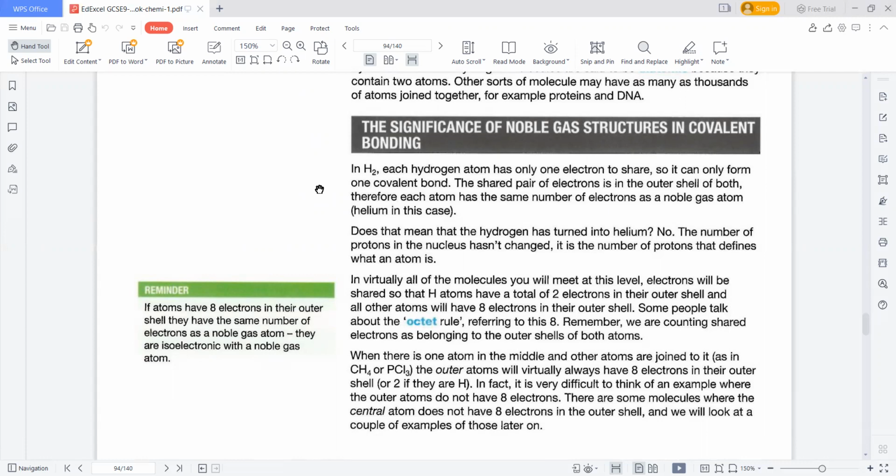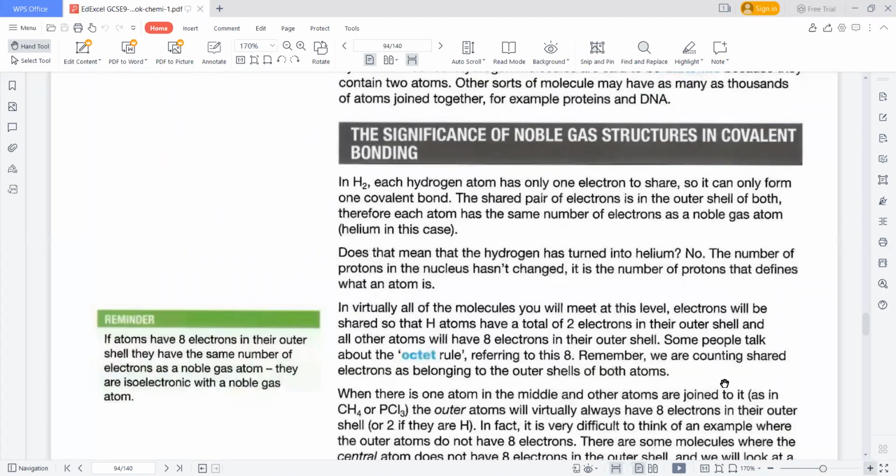They share a pair of electrons in the outer shell of both. Basically, both contain one electron in their outermost shell, and they share those electrons with each other.